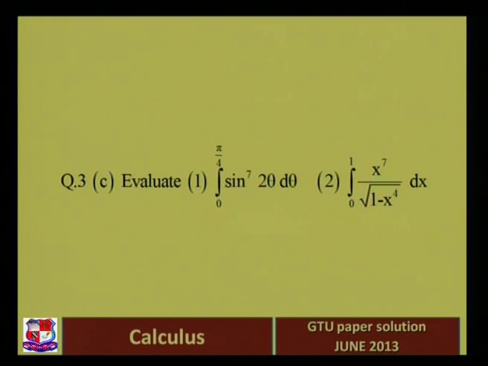Question number 3c: evaluate the integration from 0 to pi by 4 of sin 2 theta raised to 7 d theta, and the second example is integration from 0 to 1 of x raised to 7 upon under root 1 minus x raised to 4.